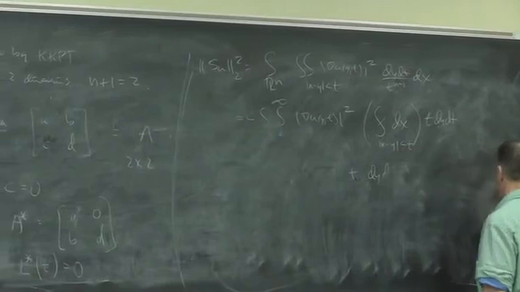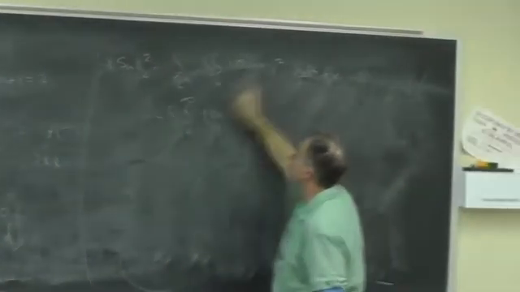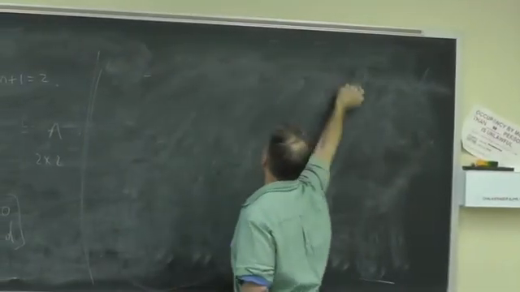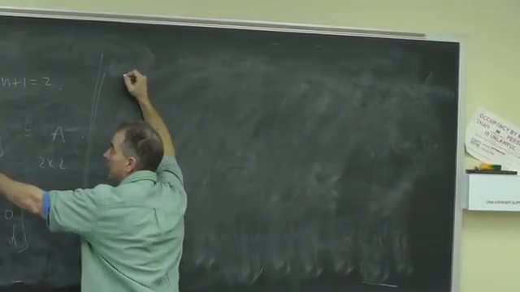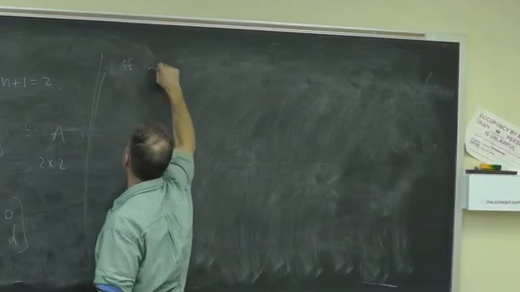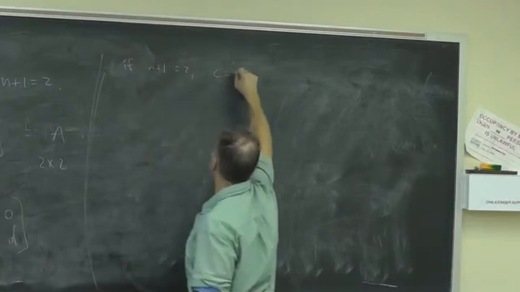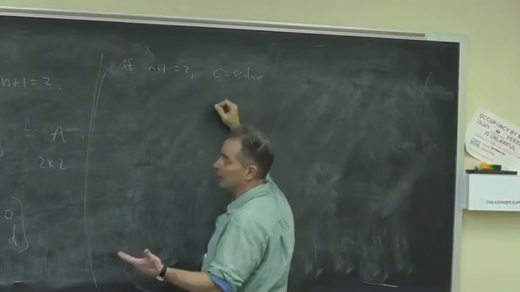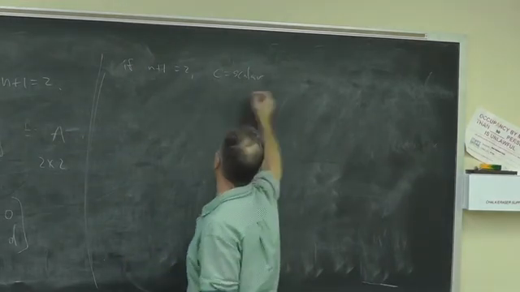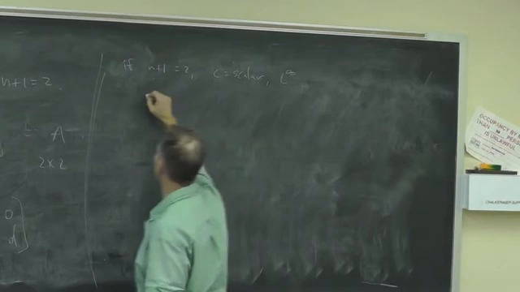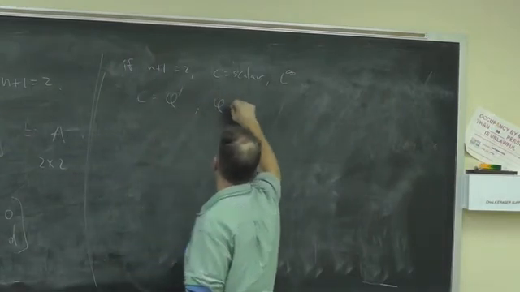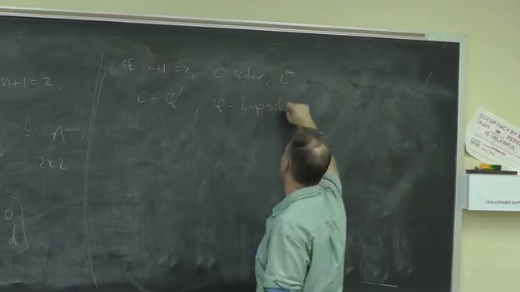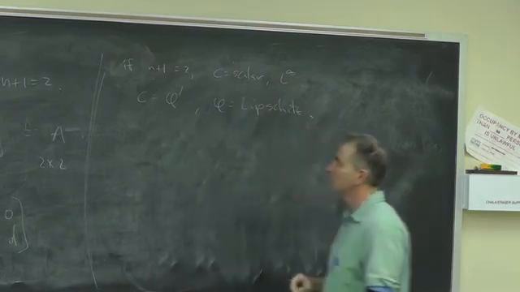Of course, the problem is that in general, this constant C is not 0. On the other hand, what is true is that since n plus 1 equals 2, C is a scalar, and it's a bounded thing, it's in L infinity. So C can be viewed as the derivative of a Lipschitz function.